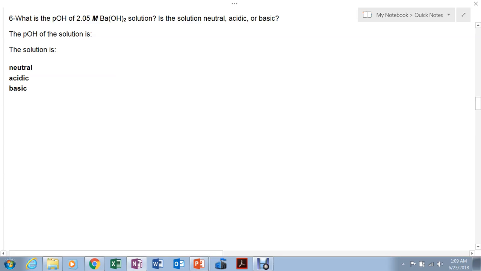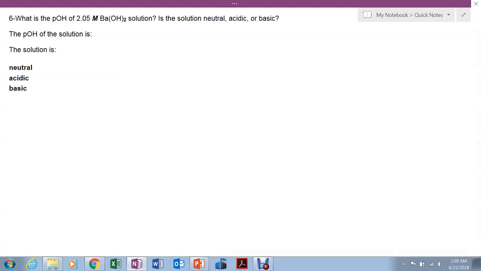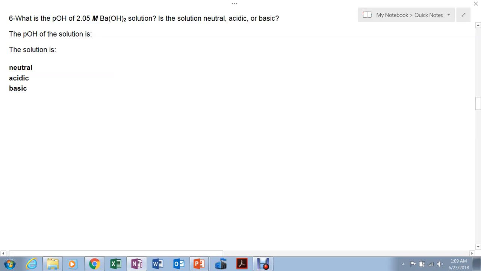Okay, let's go with number 6. And I know we have to be careful with that. pOH. And this is a basic solution of barium hydroxide with a concentration of 2.05 molar. Let's write the dissociation because this is important as we have 2 hydroxide here.